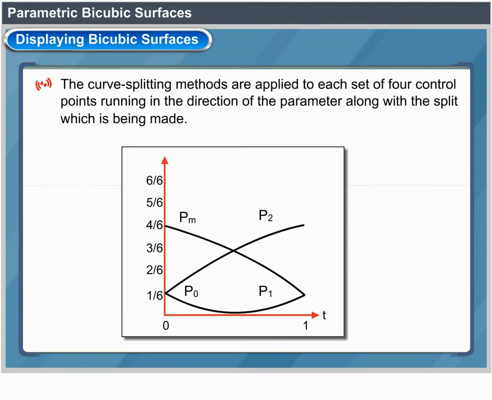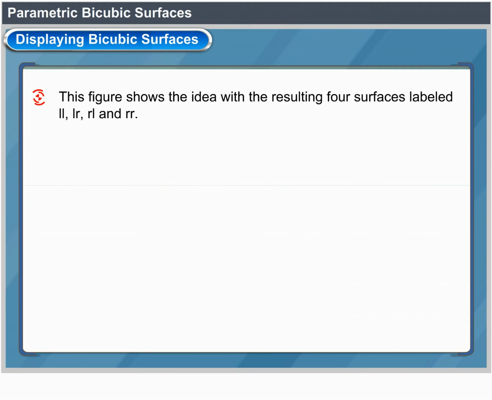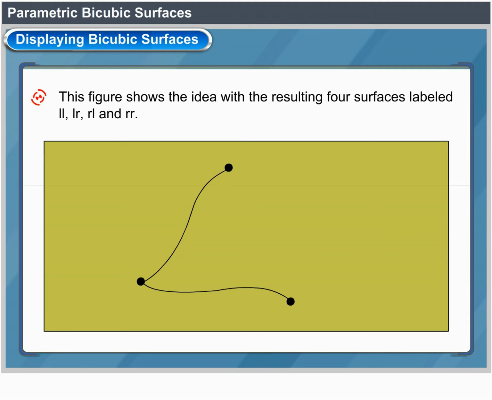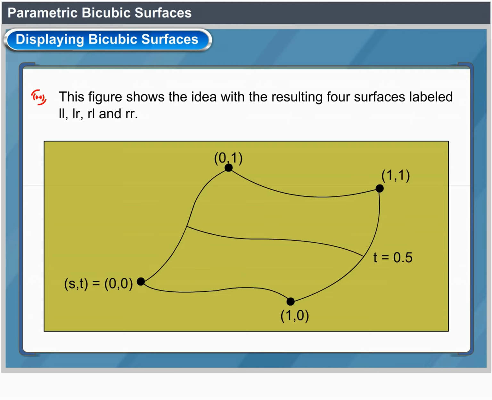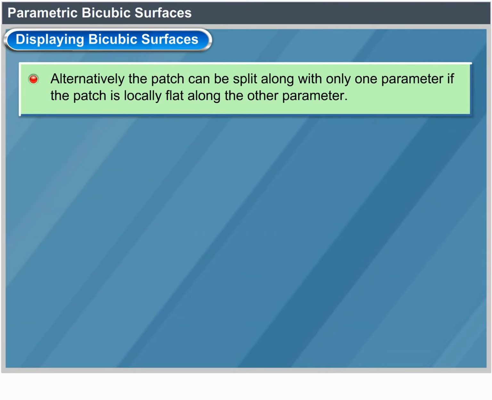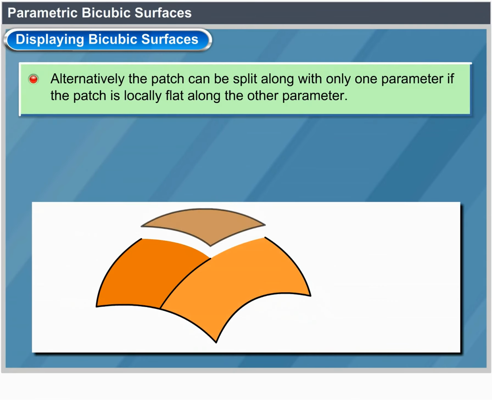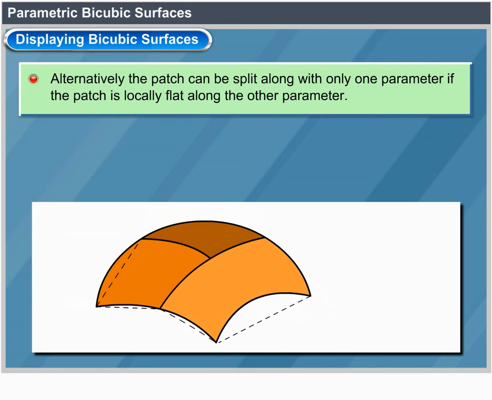This figure shows the idea with the resulting 4 surfaces labeled LL, LR, RL, and RR. Alternatively, the patch can be split along only one parameter if the patch is locally flat along the other parameter.